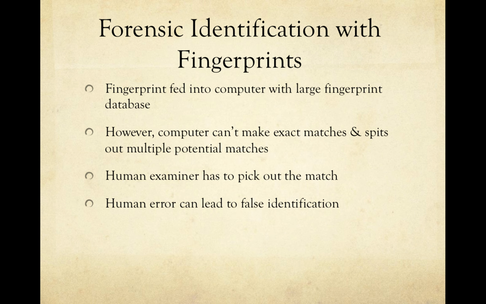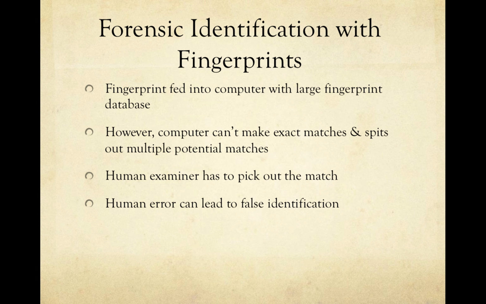Some human errors in identification really can cause issues and these false identifications. So you're going to watch a short video this week on the Madrid bombing, and this is where there was a mismatch of fingerprint evidence which led to the arrest of somebody who did not commit the crime.